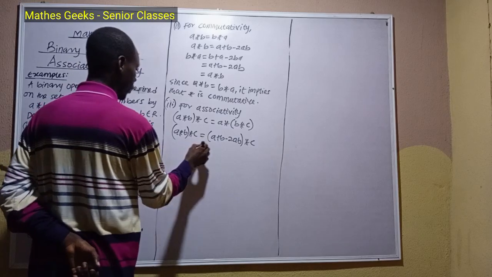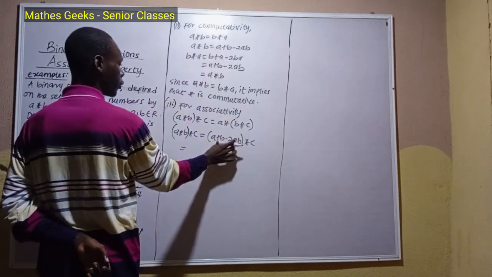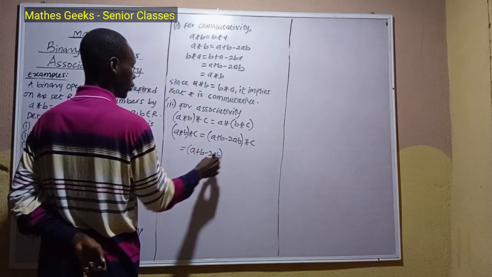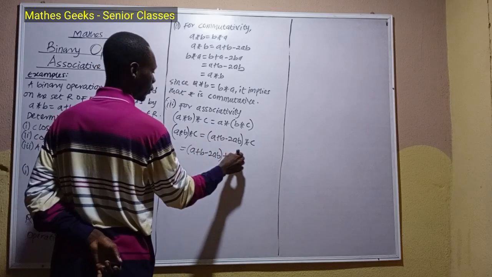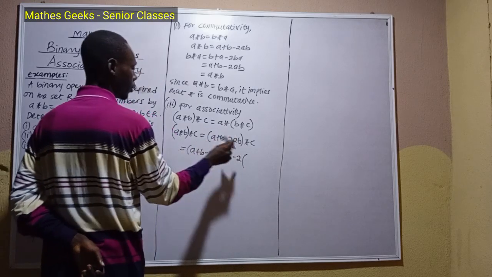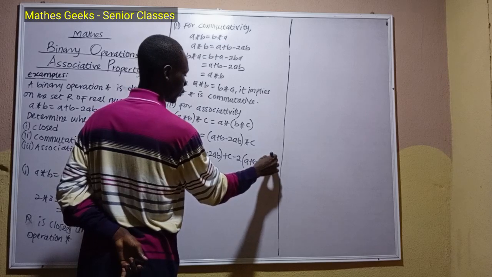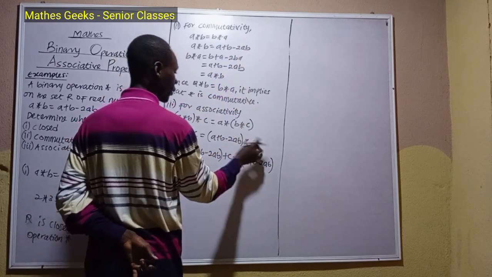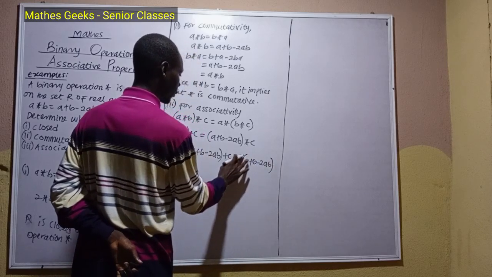So from our equation, that would give us A plus B minus 2AB, plus C, minus 2 times A plus B minus 2AB, times C.